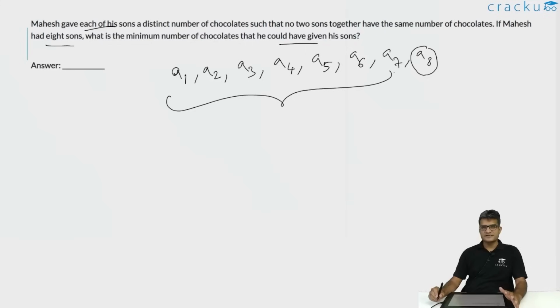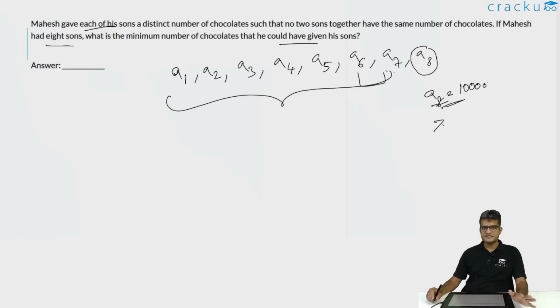One way to look at it is, if you make A8 to be a very large number, say equal to 10,000, then A8 itself will be greater than A6 plus A7. We don't know the values of A6 and A7, but let us assume that they are say some 2-digit number. We have calculated the values till A7 and say they are 80 and 90, and A8 itself is very high.